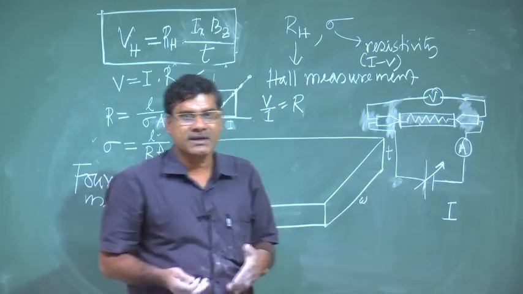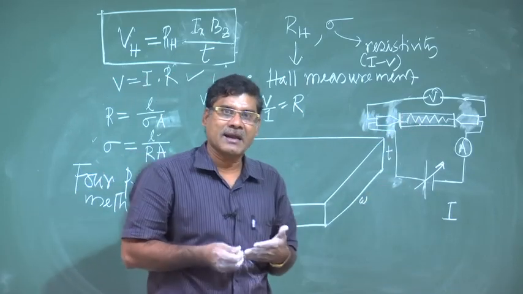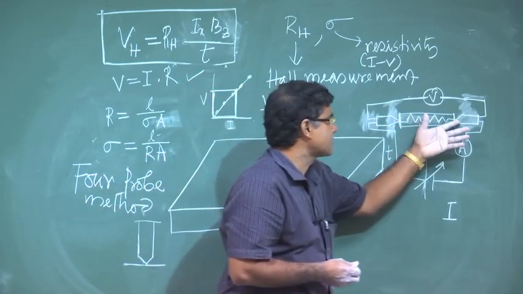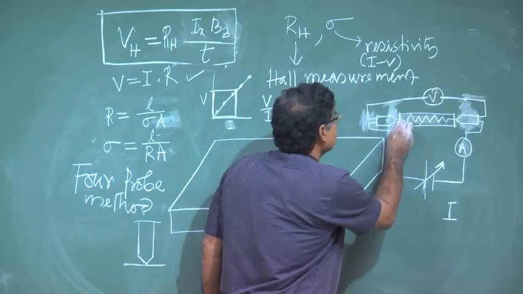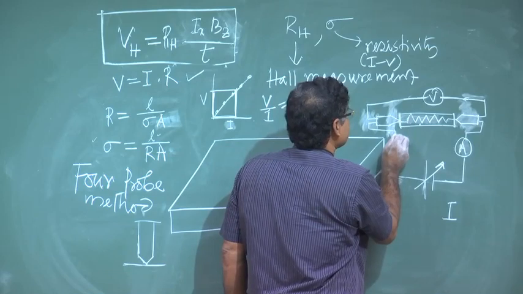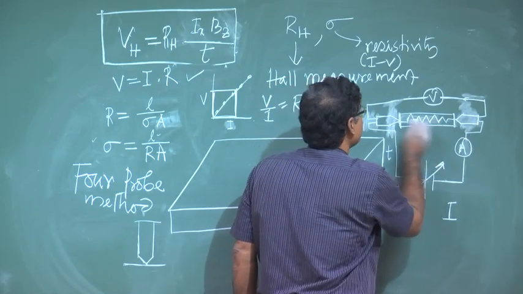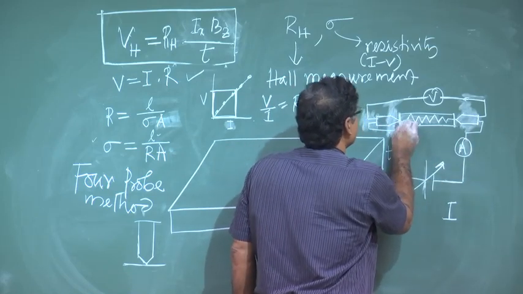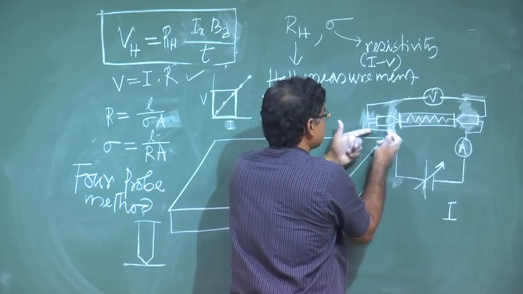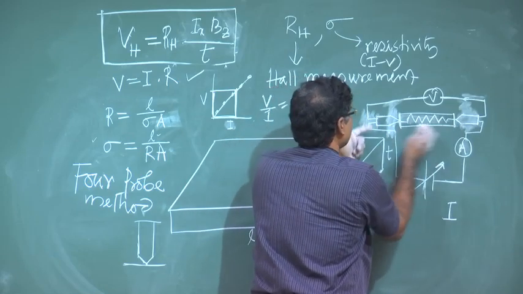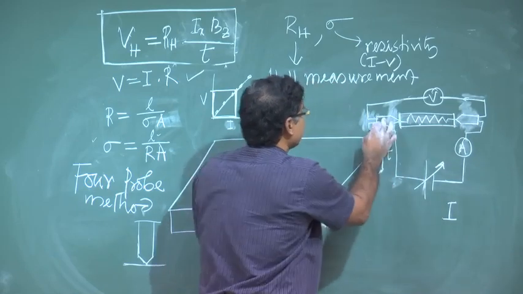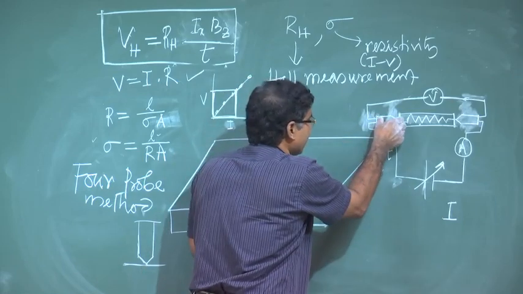But now the question is, from where is that error coming? So, let me explain here. You see, current is flowing through this, so there will be a small resistance of your probe.